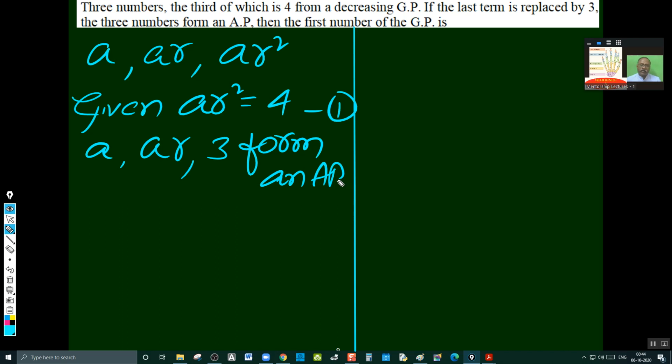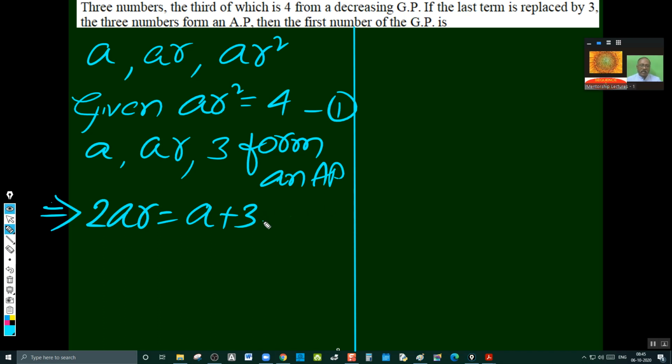Which implies, you all know, if a, b, c is your AP, twice of b is equal to a plus c. That's it. So this is the second equation. Let us replace this.